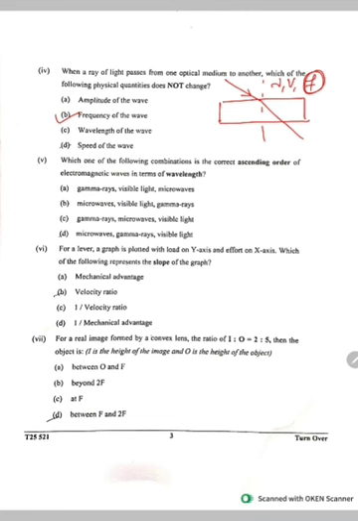Now the fifth question asks which one of the following combinations is the correct ascending order of electromagnetic waves in terms of wavelength. We know gamma rays have the lowest wavelength.